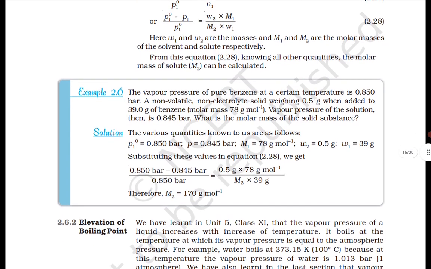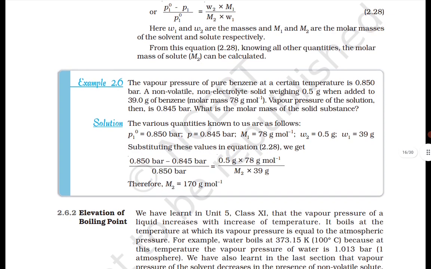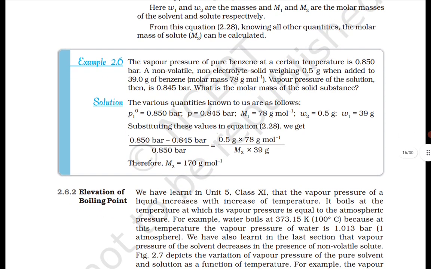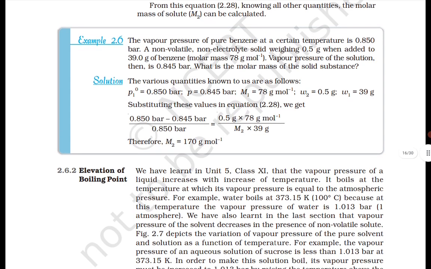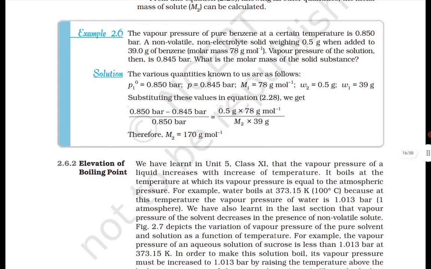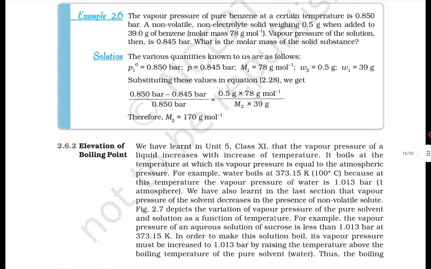Here w1 and w2 are the masses, and M1 and M2 are the molar masses of the solvent and solute respectively. From this equation 2.28, knowing all the other quantities, the molar mass of the solute M2 can be calculated. Example 2.6 is given in your textbook. Please read that.